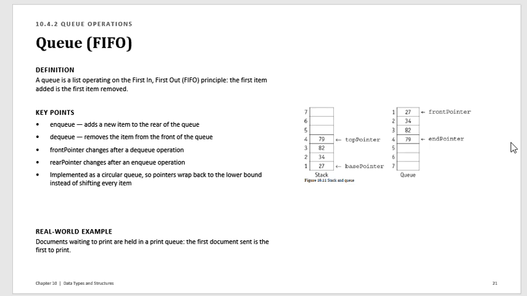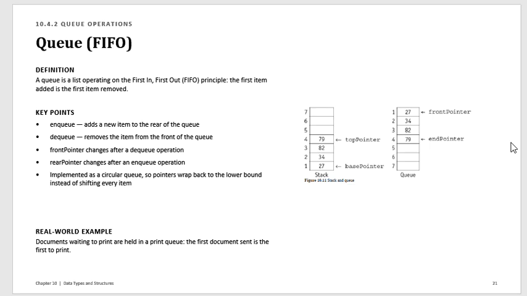Then the queue, we've already seen it has the front pointer and the end pointer, and the enqueue and dequeue methods. Enqueue adds a new item to the rear of the queue, at the back of the queue. Then dequeue removes the item from the front.